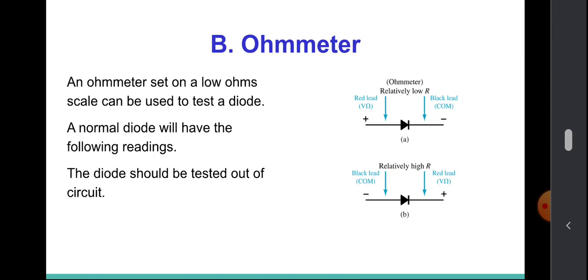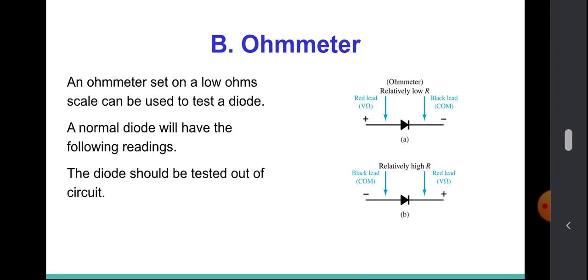So that is the diode checker. Ohmmeter. An ohmmeter can also be used to test the diode. A normal diode will have the following readings. The diode should also be tested out of the circuit.